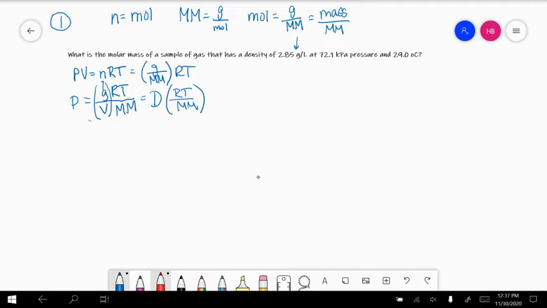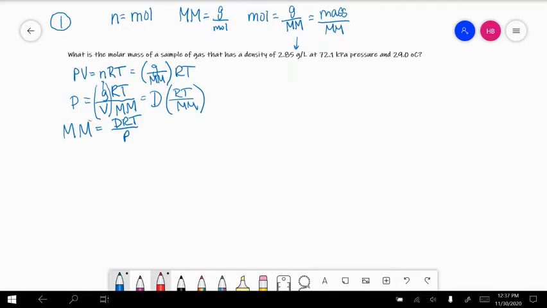So molar mass, I'm just rearranging the equation now, is dRT over P. That's the derivation of our molar mass formula, which is a good molar mass kitty puts dirt on top of P.